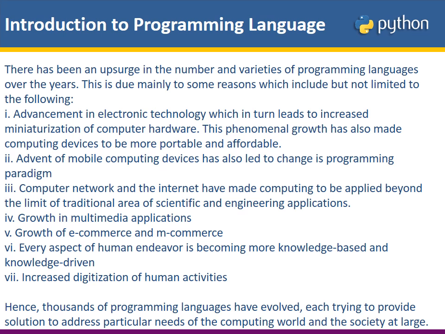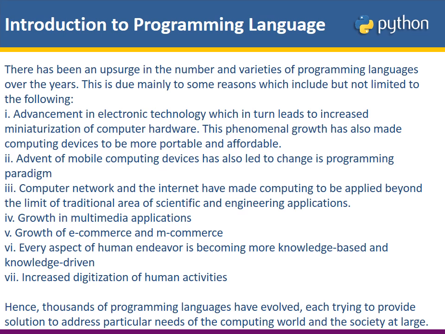So another reason for the rise in number and variety of programming languages is the advent of mobile computing devices. The advent of mobile computing devices has also led to changes in programming paradigm. So that's why we have an increase in varieties of programming languages over the years.